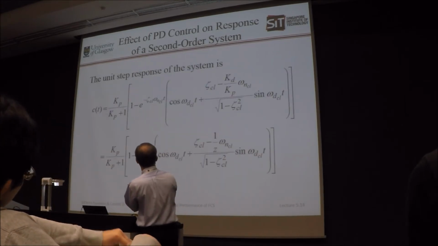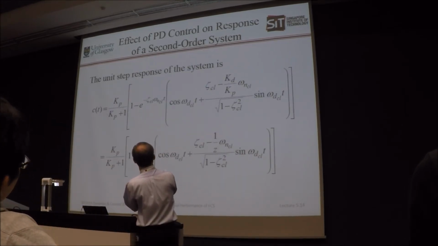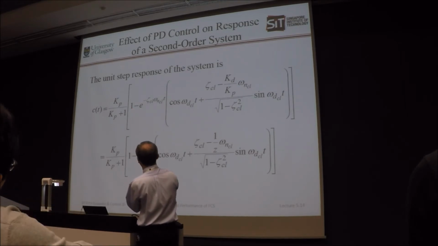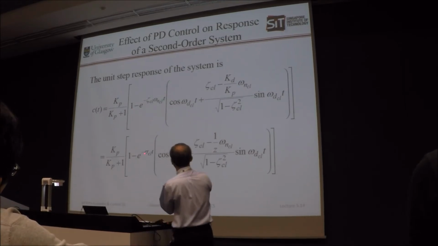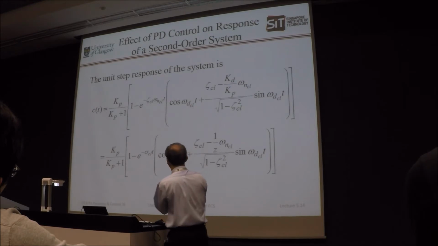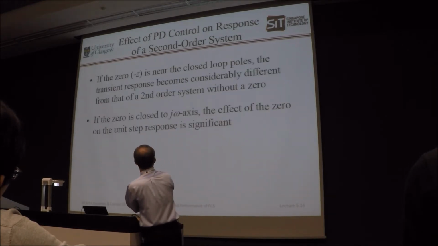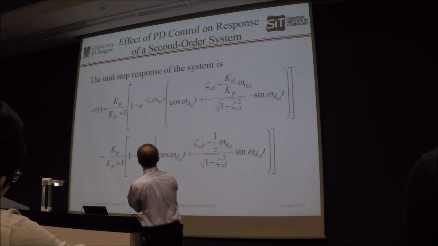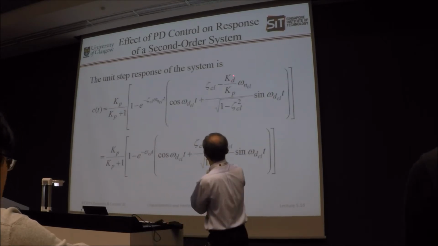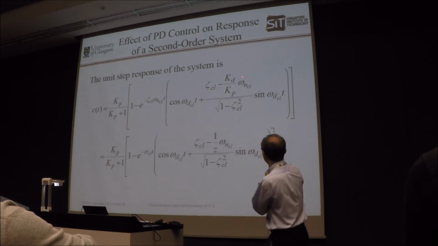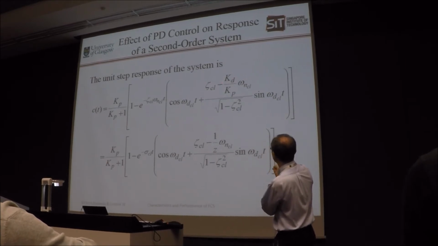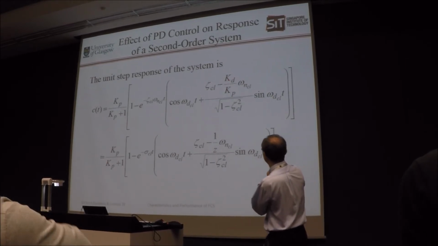Here we go back to the unit step closed loop response. You can see this term KD divided by KP showing up here.